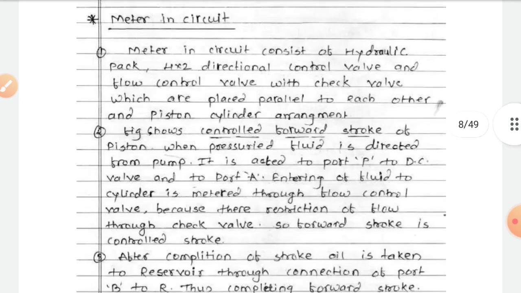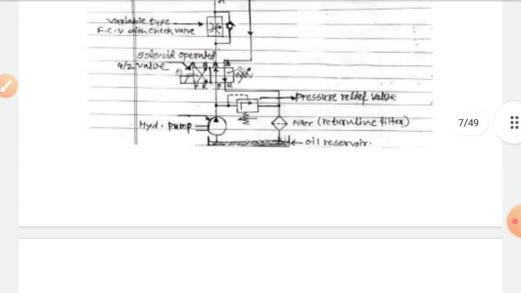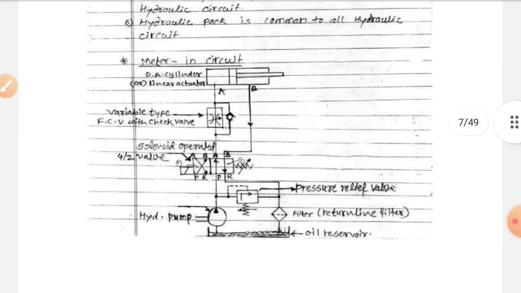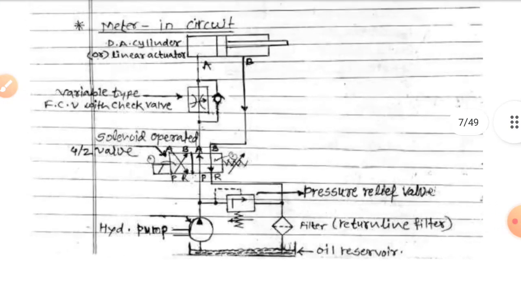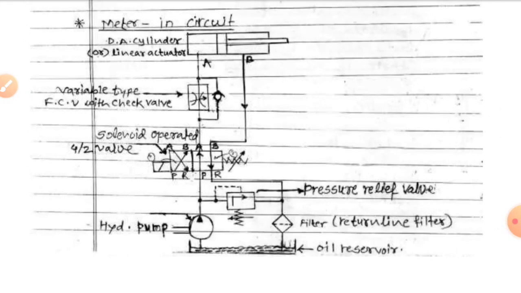So this is the explanation of meter-in circuit. All of you see once again a meter-in circuit construction. We can provide a flow control valve in between directional control valve and actuator on suction line.